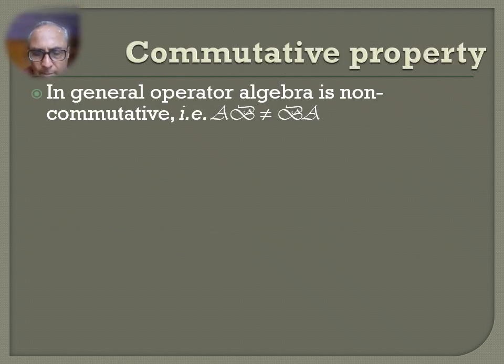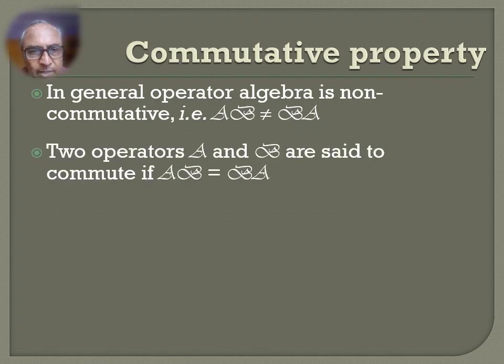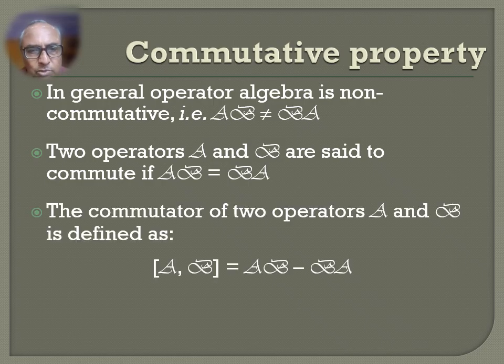We now introduce the concept of commutative property. In general, operator algebra is non-commutative. That means AB is not equal to BA. The order of operation of the two operators matters. If the two operators are such that AB is equal to BA, then A and B are said to commute.